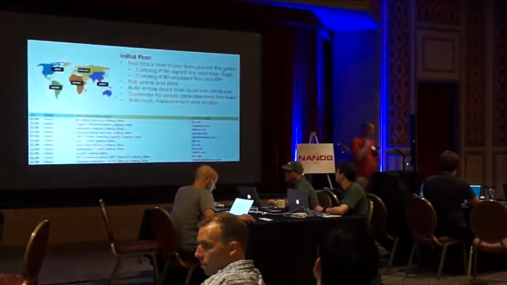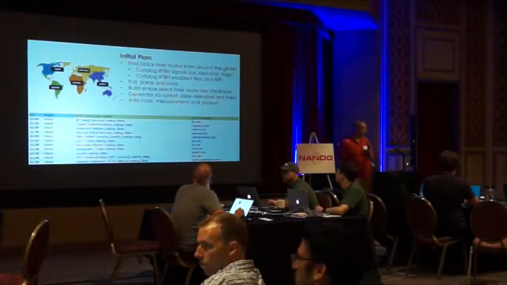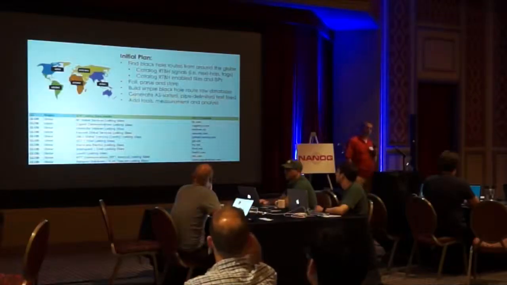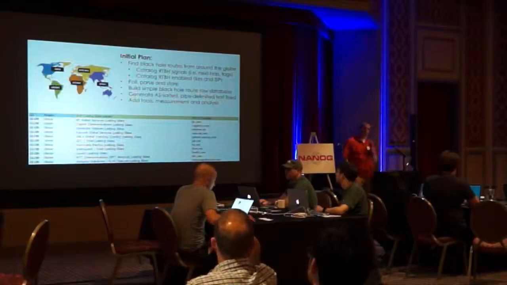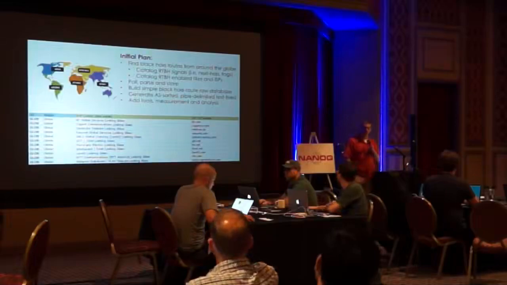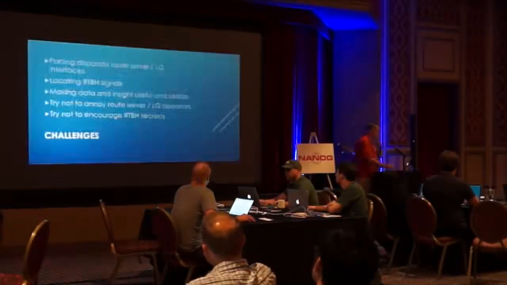So the initial plan was to go find all these places where we could find the signals for trigger black hole routes that are all over the place. If we can catalog them, store them into a database, write code to literally have to potentially parse telnet output or web output to gather all that, stick it into a database, and then see what we could do with it, building tools and so forth.